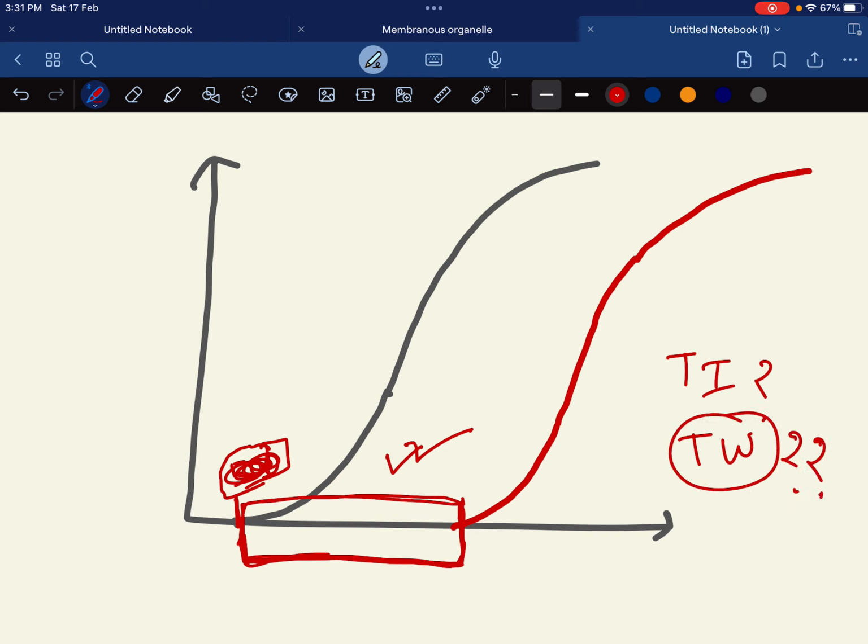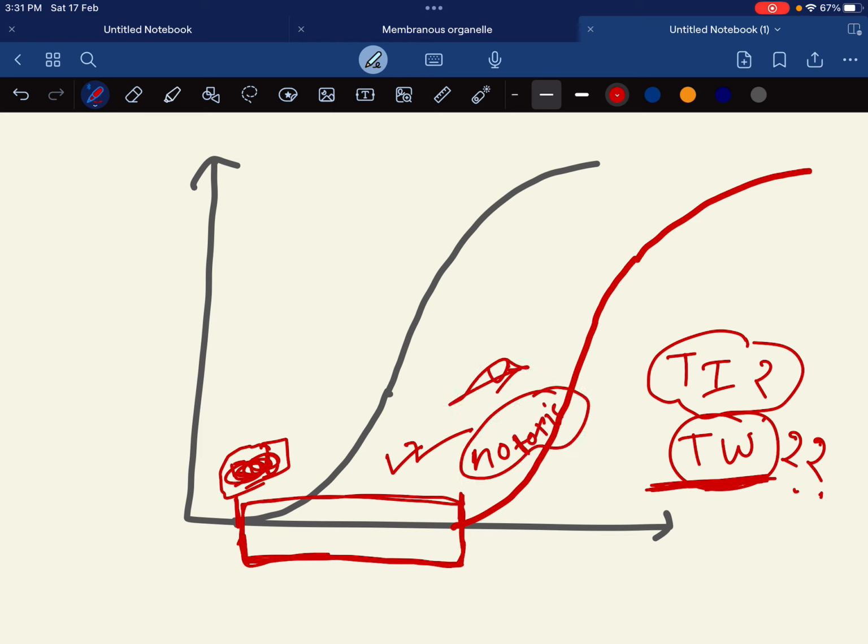You can see that the therapeutic window is safer, because in the therapeutic window we consider almost no toxic effect on an individual. Not even a single individual will face toxicity if the dose is less than the minimum toxic dose, or the dose is within the therapeutic window.